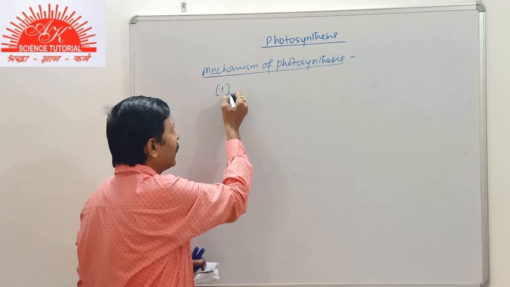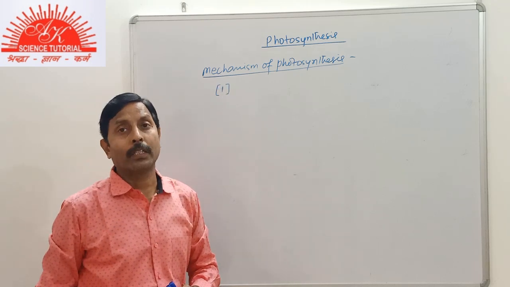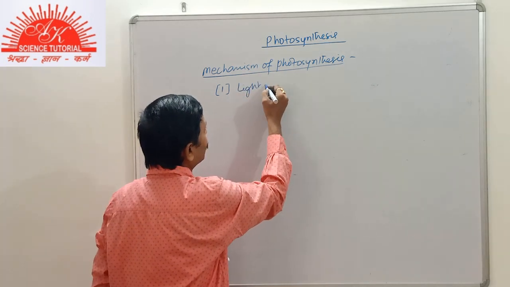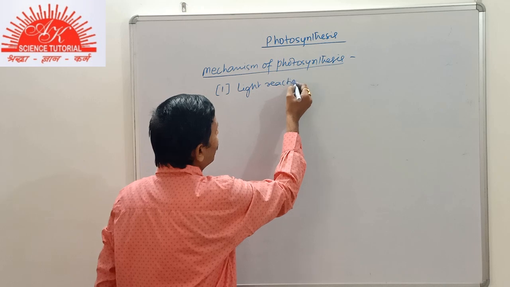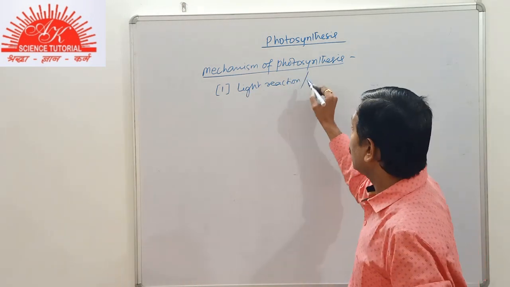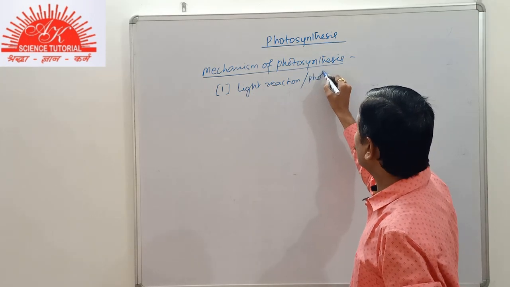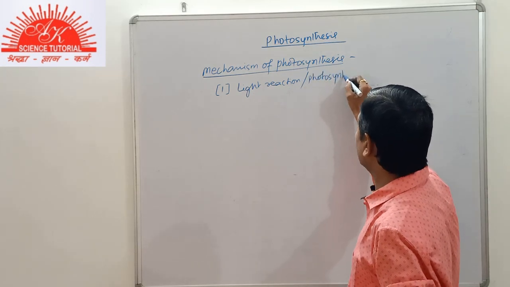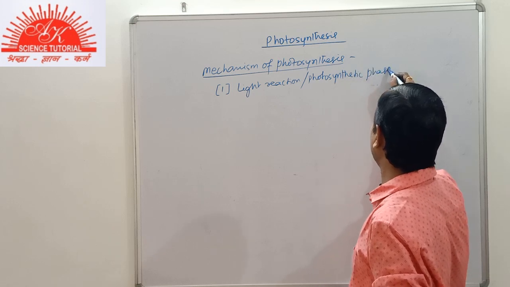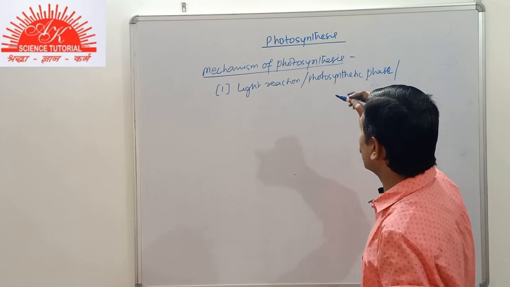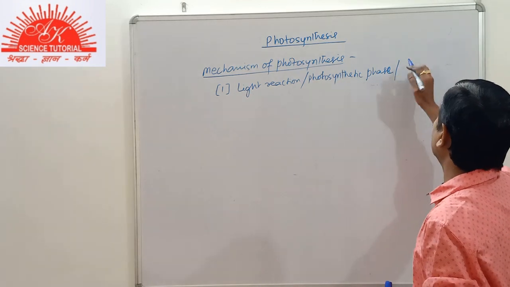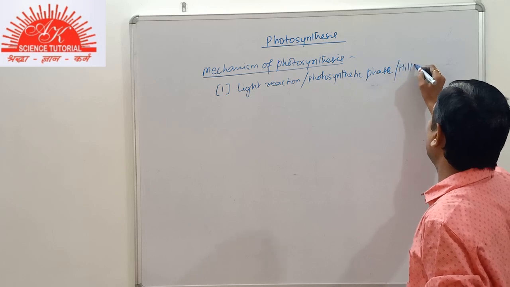The first phase in photosynthesis is the light reaction. For light reaction, we also use the term photosynthetic phase, and on the basis of the name of the scientist who studied it, it is also known as Hill's reaction.